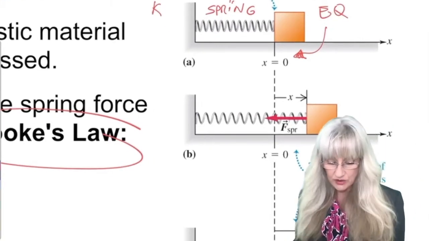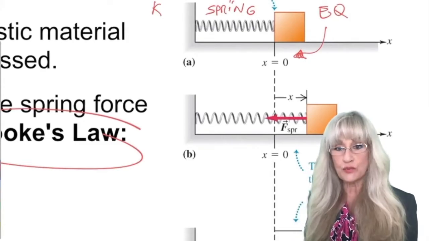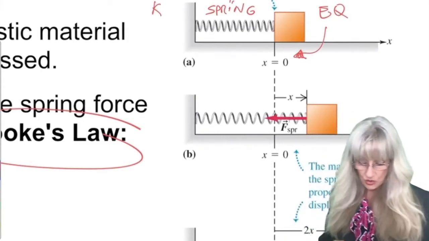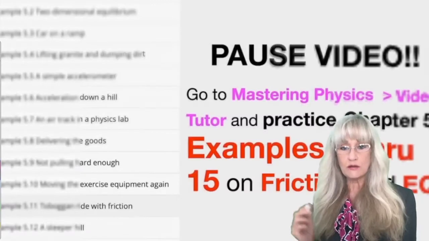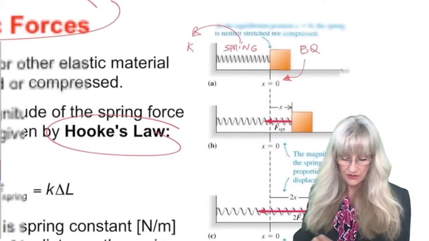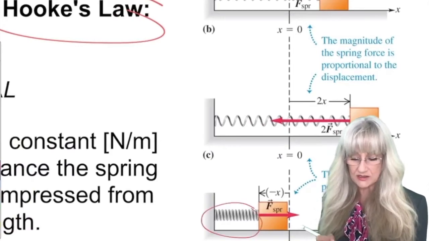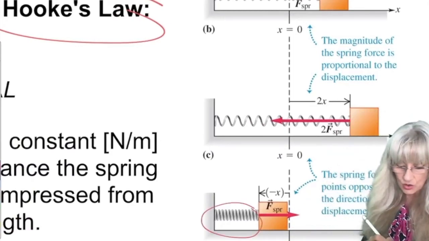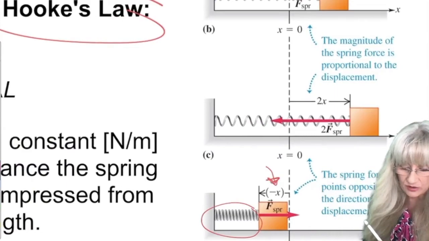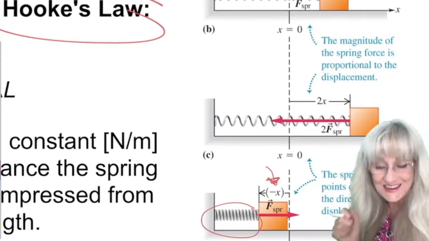Now at this point, you can stretch the spring, or you can double stretch it, or even, you see here, you compress it. When you compress, look, your displacement vector will become negative.